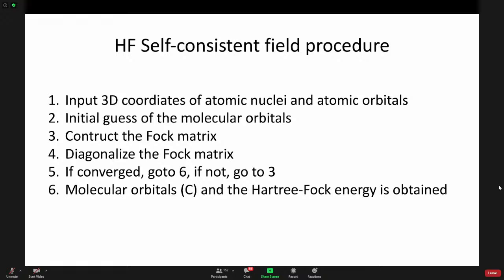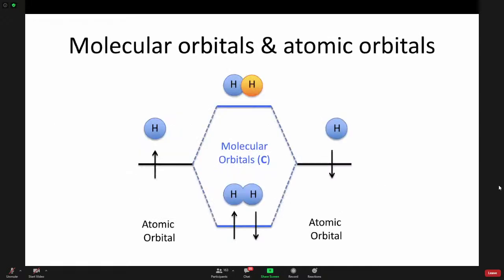If the wave function or the molecular orbitals are converged, we get the orbitals and their energy. If not, we go back to step 3 and continue this until we get convergence. So this is how we calculate Hartree-Fock. By solving this Hartree-Fock calculation, we construct the molecular orbitals from the atomic orbitals like this. And so now we get these molecular orbitals.